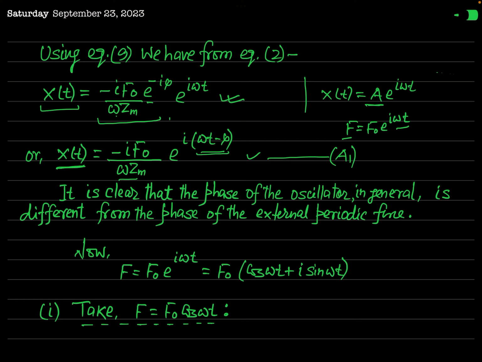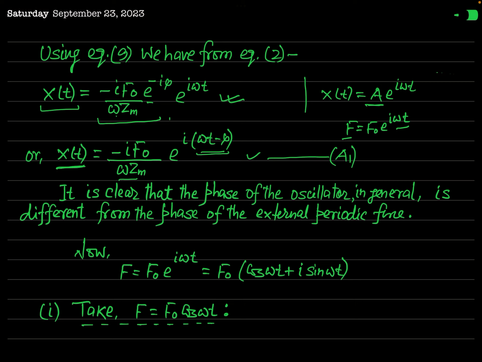So it is obvious that our oscillator oscillates with the same frequency as the frequency of the applied force, but the phase of its oscillation is not the same in general as the phase of the applied force. They differ in phase.